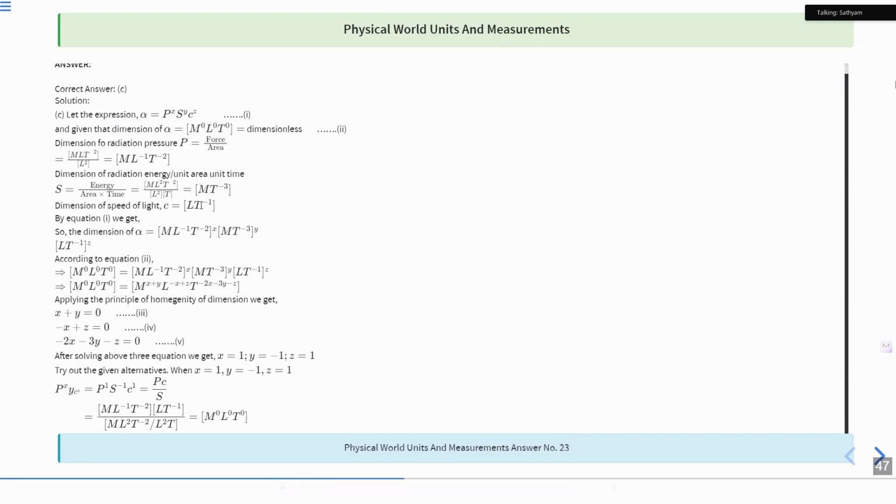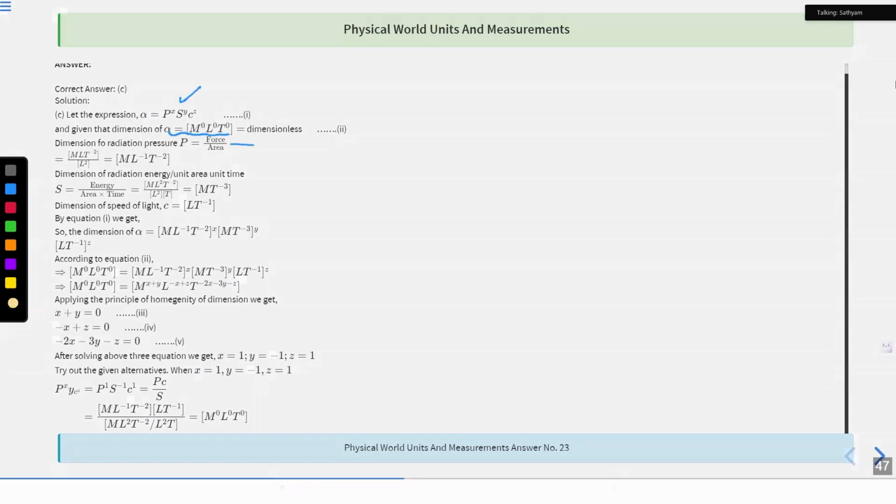Expression alpha is given over here, right? Now the dimensional formula of alpha is given.